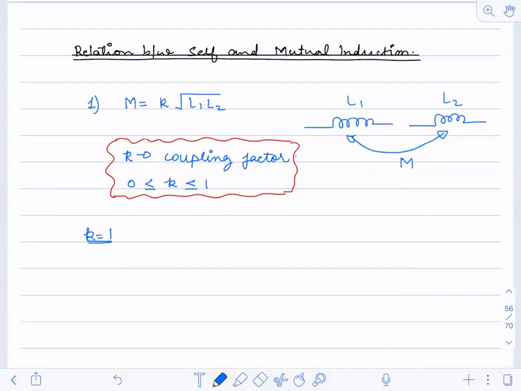This is what I understand by the coupling factor. If K value is 0, that means zero flux from 1 is reaching 2.